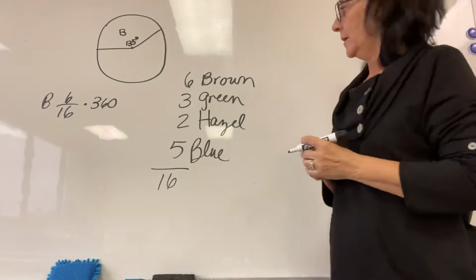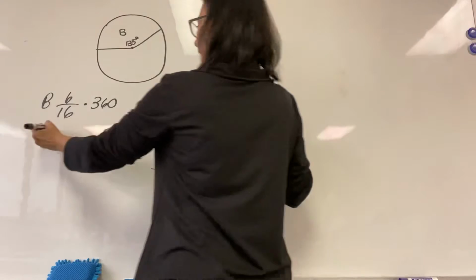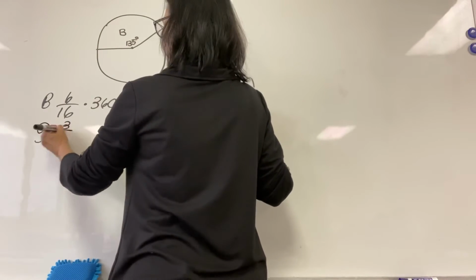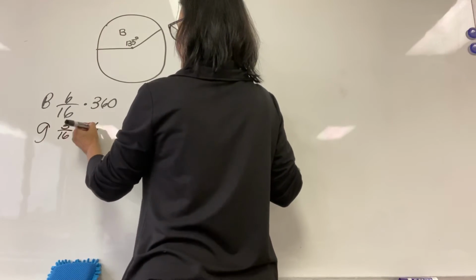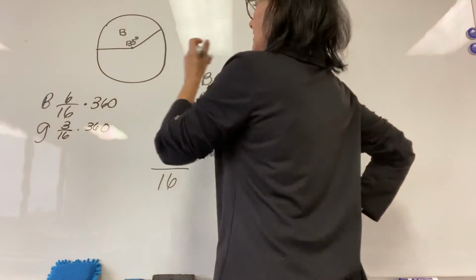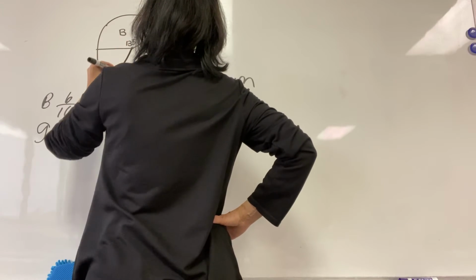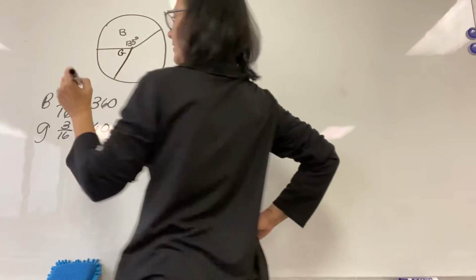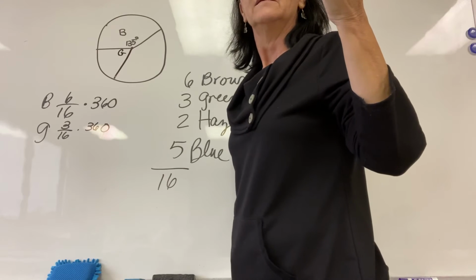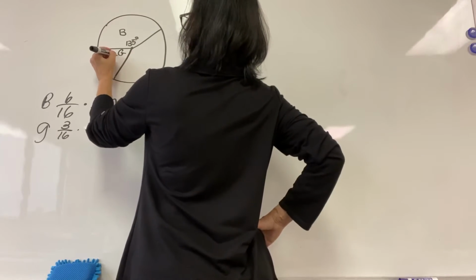Okay, now let's do green. Green is 3 over 16 times 360. 67.5. Let's call it 68. So less than 90.